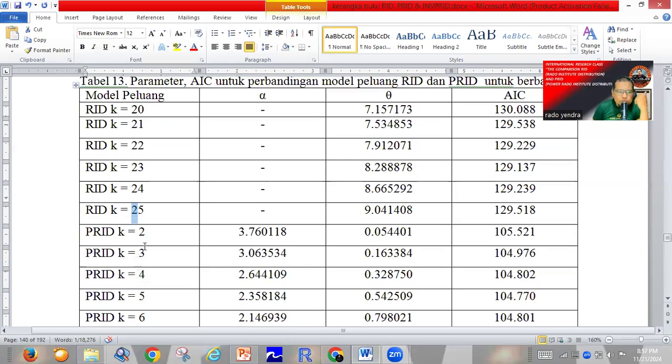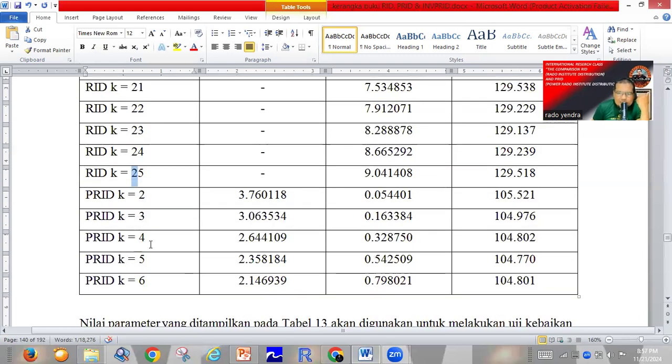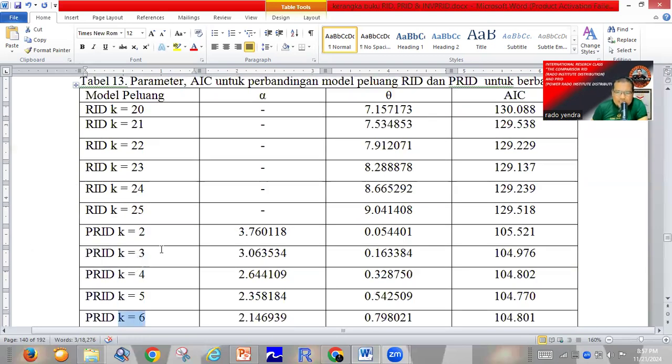And we will use six Power Rado Institute Distribution models with K equal to 2 until K equal to 6. By using R code, we find the parameter theta for RID with K equal to 20 is 7.15, and so on.